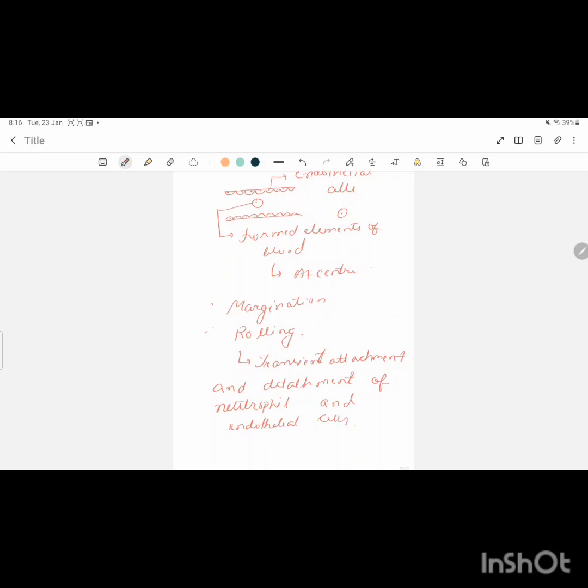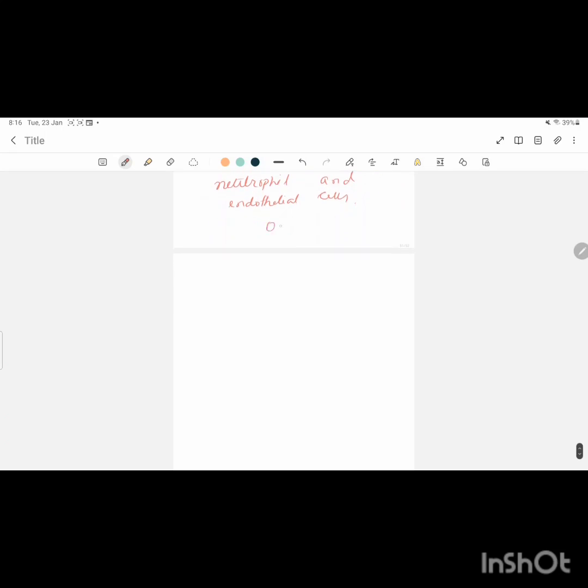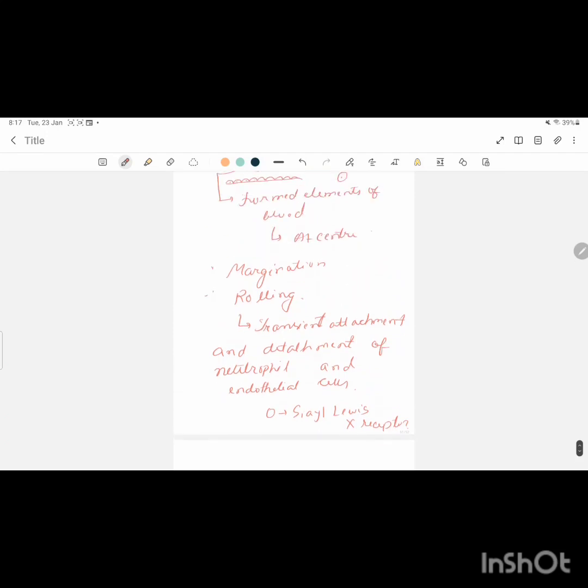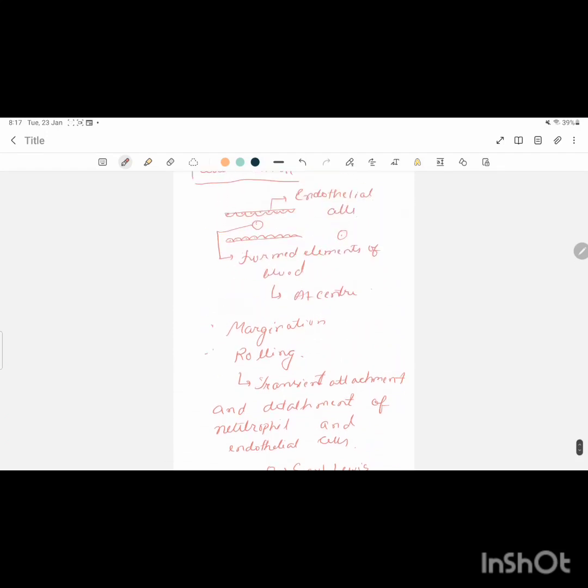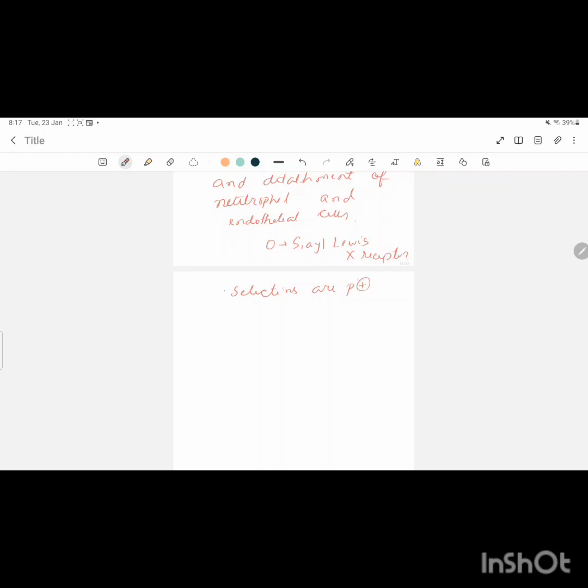Okay. Now, on the surface of neutrophils, there are some receptors called sialyl Lewis X receptors. And on the surface of the endothelial cell, there are also selectins present.